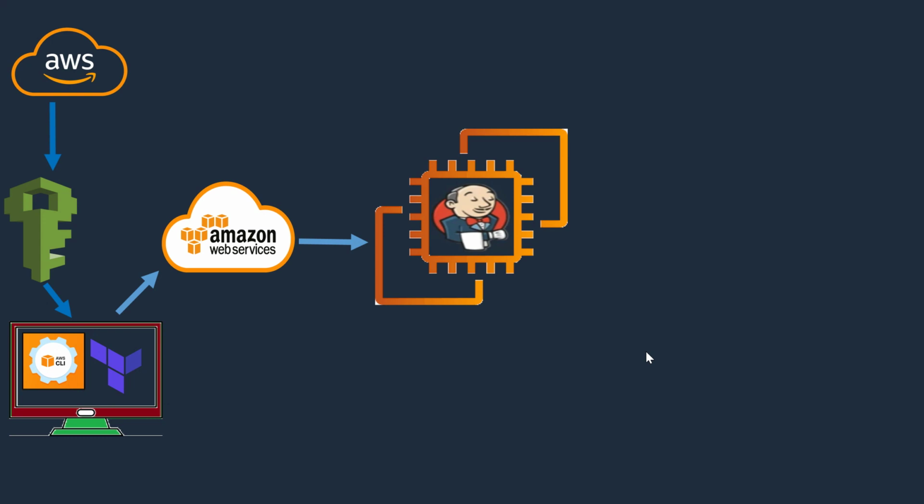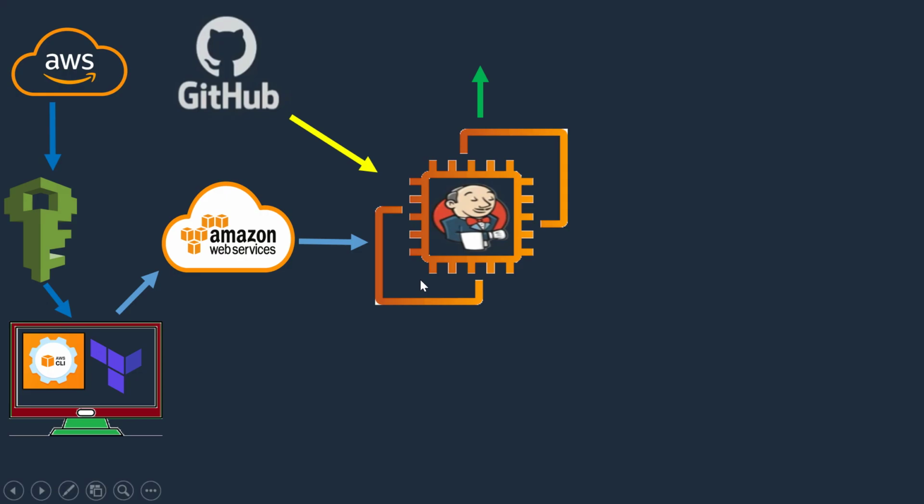I'll show you that. Then we are going to download the files, whatever source code we have in the GitHub repository, to Jenkins. Meanwhile, the AWS environment will create one more software in the same EC2 instance.